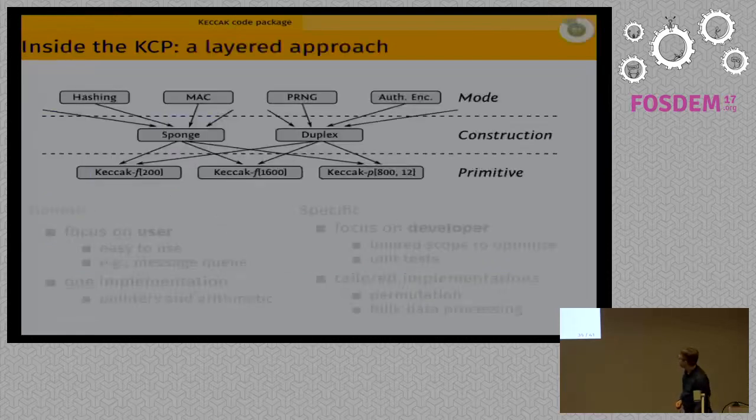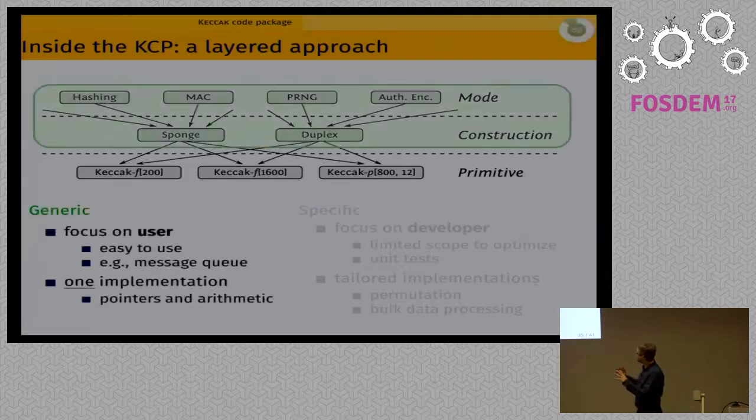So let me give you some more details on how it's organized inside this Keccak code package. The idea is that we have one layer above that is implementing the modes and the constructions in a more generic way. So there is no optimization. It's plain C code. It's portable code, and there is only one implementation. The idea here is really to make the life of the user easy, and there is nothing going on specifically for a specific target.